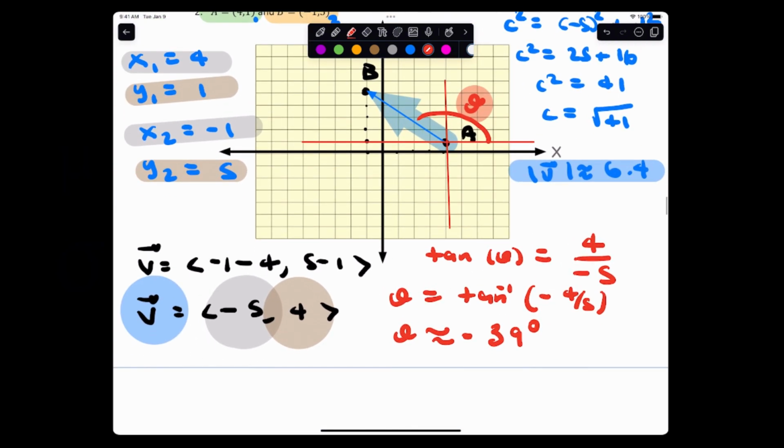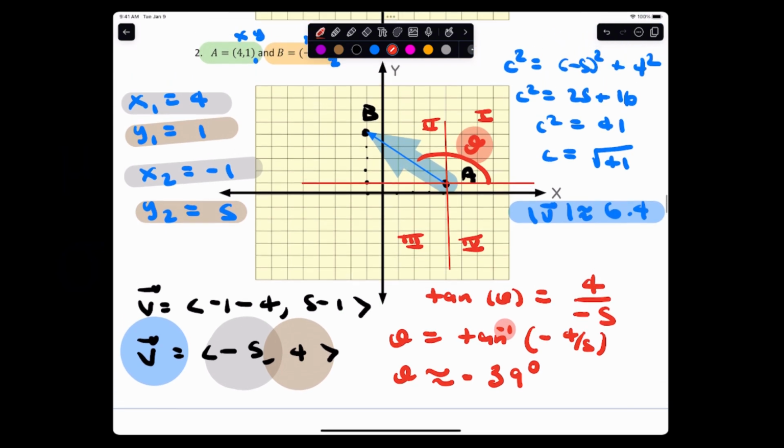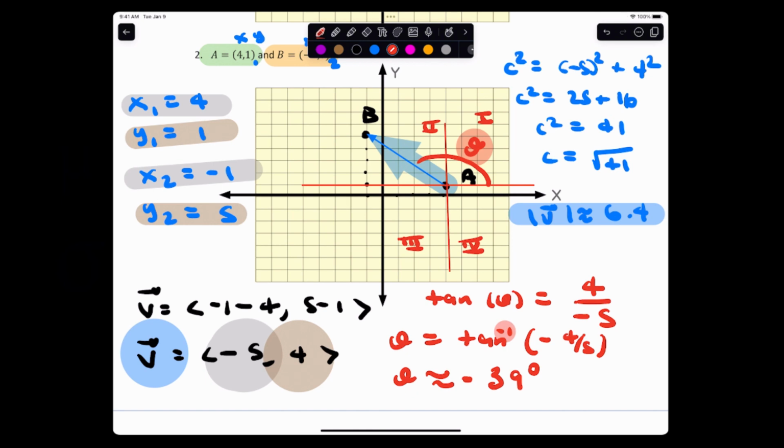Because remember, if you use the inverse tangent, they restricted the domain. This is quadrant 1, this is quadrant 2, this is quadrant 3, this is quadrant 4, in the context of the standard angle.